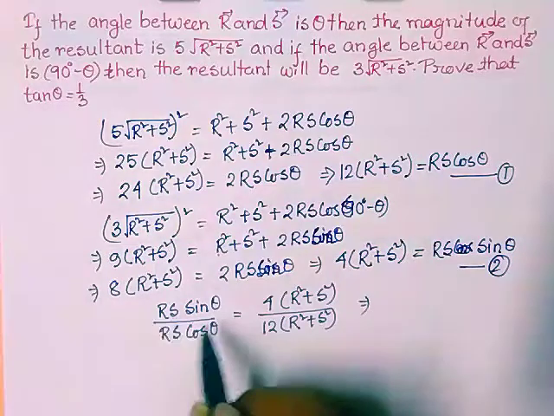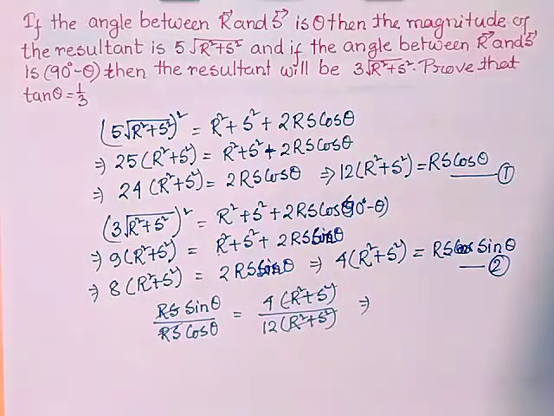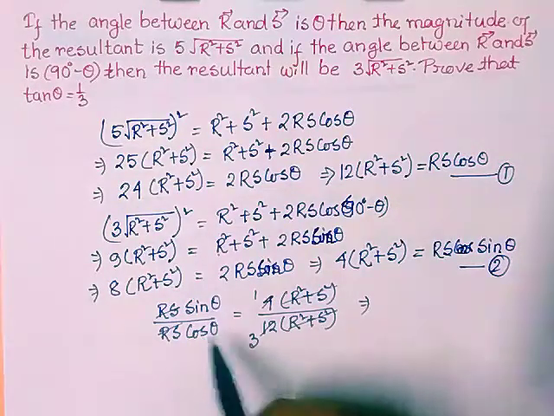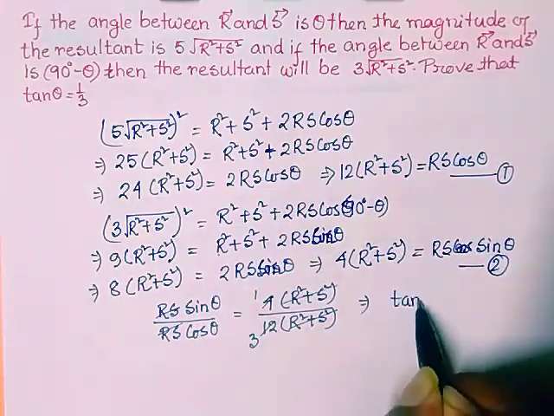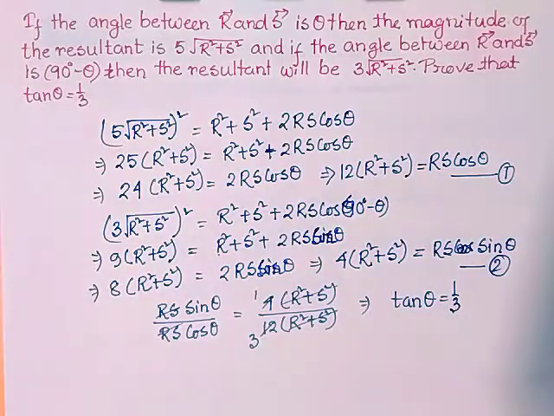So these two things cancel out, these two things also cancel out, 4 is 1 and here is 3, sin theta by cos theta is tan theta. So tan theta is 1 by 3.